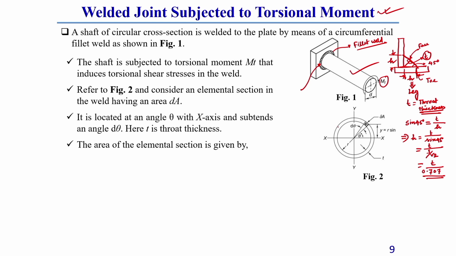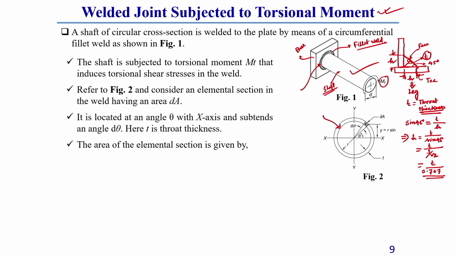Here I am showing the throat cross section, which is around the shaft. This is the shaft, and around the shaft we generally weld it with this base plate by fillet welding, that means a triangular type of weld.